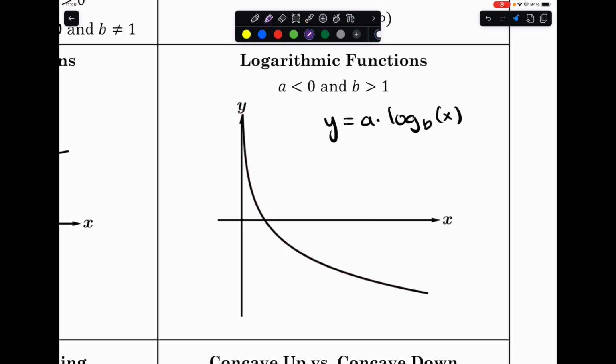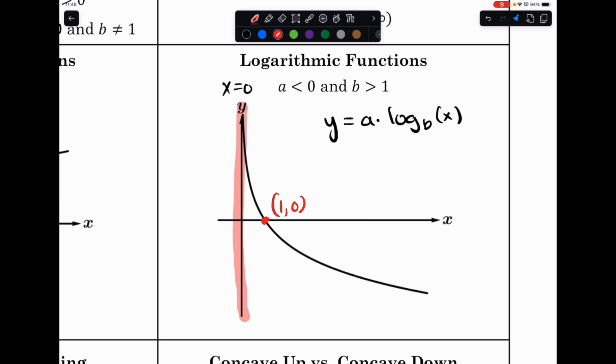However, this graph still has a vertical asymptote at the y-axis, which is the vertical line x equals 0, and we cross the x-axis yet again at the point (1, 0).